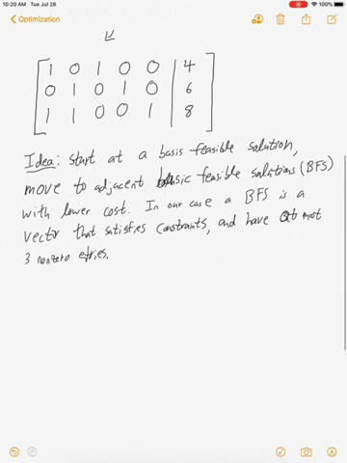Okay, so associated to each of these matrices, as long as it's in a good form, as this one is, we can just look, there's a standard basic feasible solution associated to it. So what I mean by having it in a good form is that we have a copy of the identity matrix.